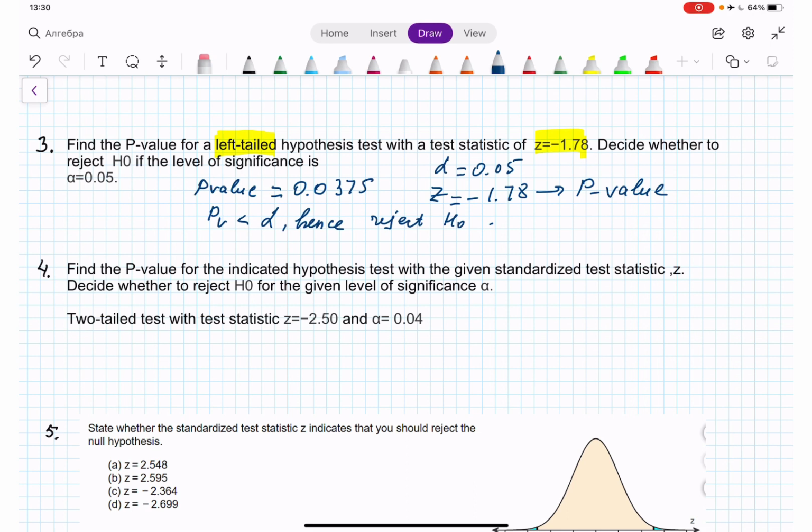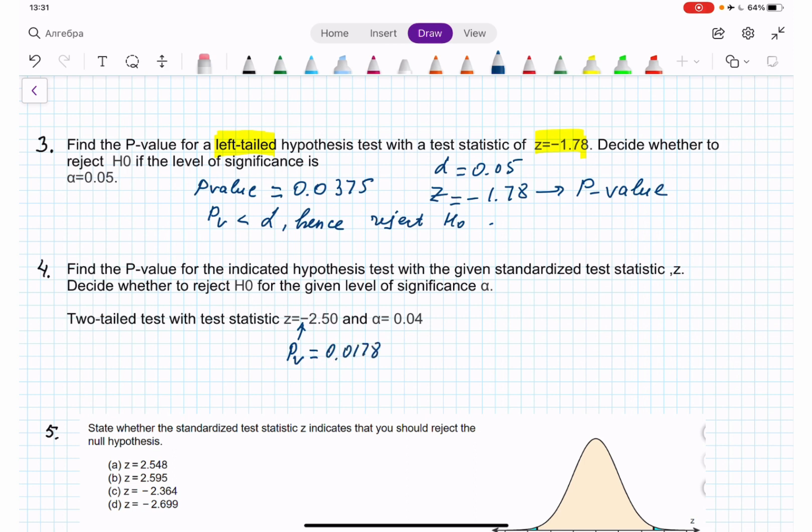All right. We have z-score negative 2.5, and alpha 0.04, so it's similar to 3. So we need to find the p-value for negative 2.5.